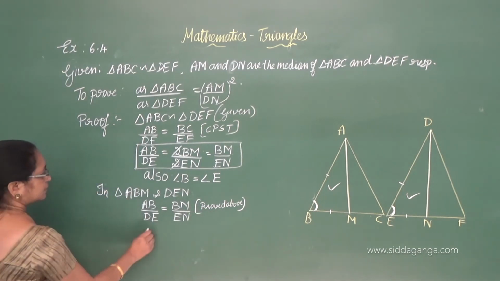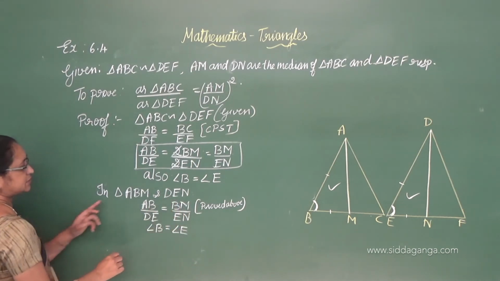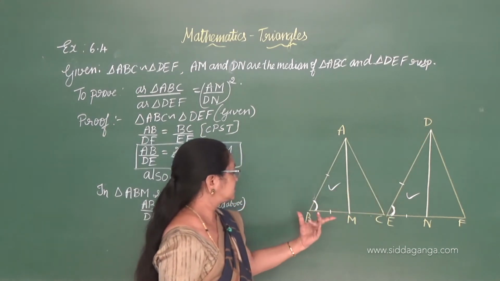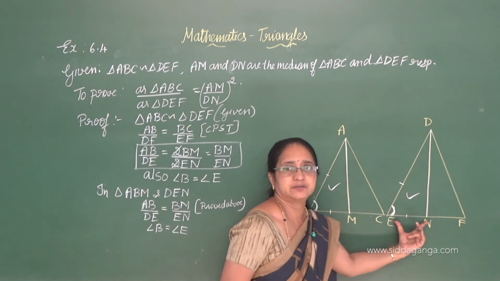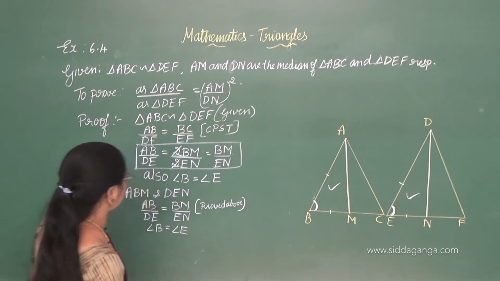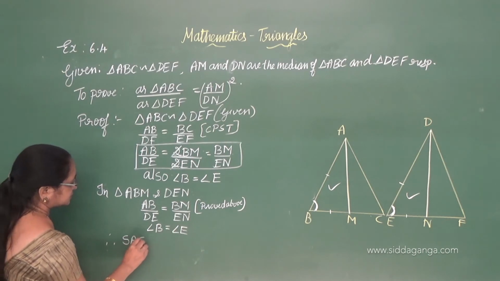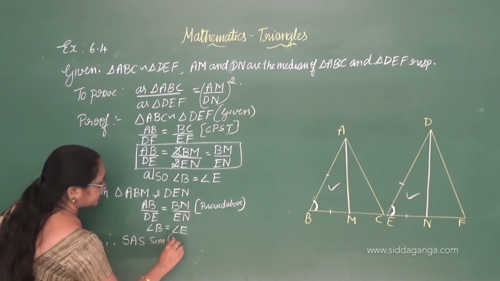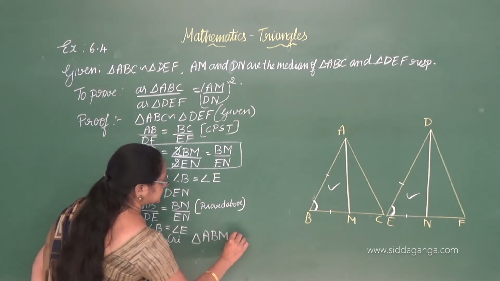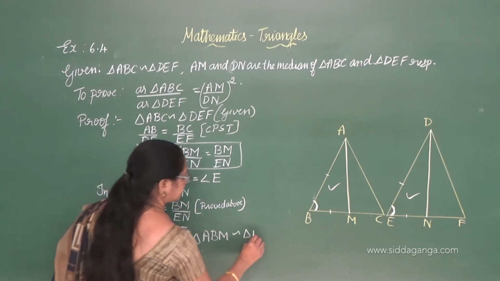Next, angle B is equal to angle E. So, can I write, in these two triangles AB by DE is equal to BM by EN, and angle B is equal to angle E. Therefore, can I write by SAS similarity criteria, triangle ABM is similar to triangle, just observe correctly, it is DEN.